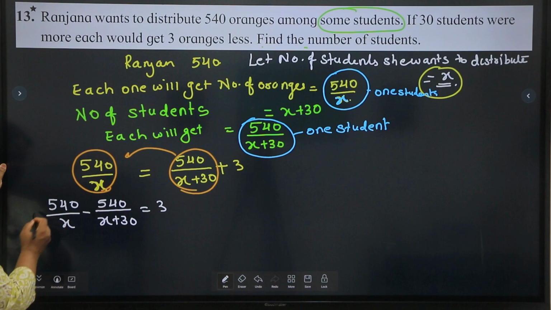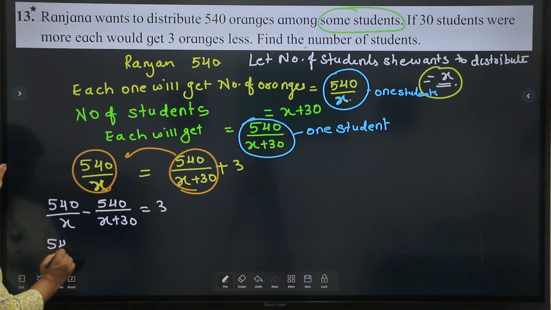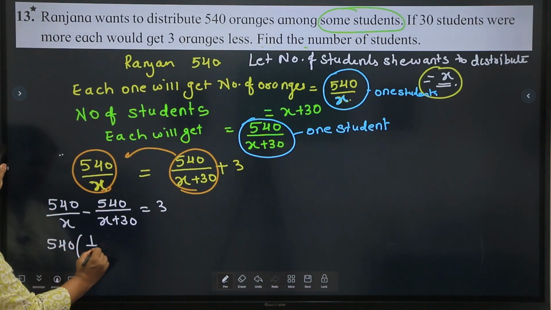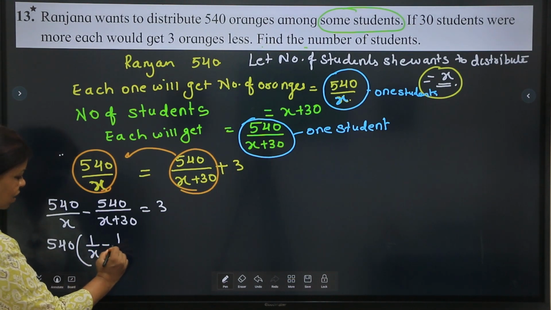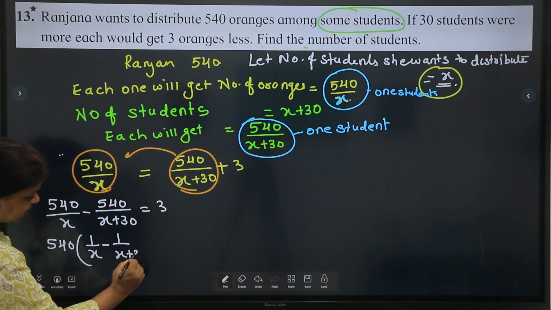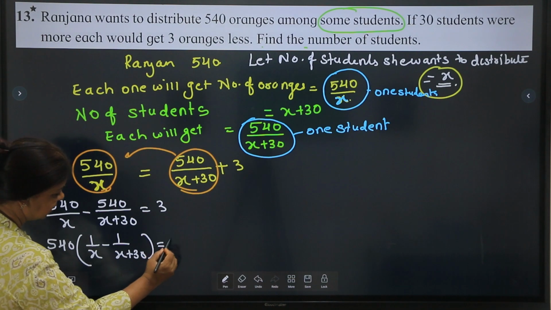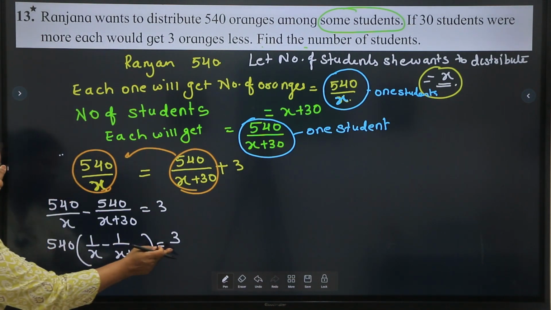Now I can take 540 common. 540 bracket 1 upon x minus 1 upon x plus 30 is equal to 3. Now this 540 can be shifted to this side.